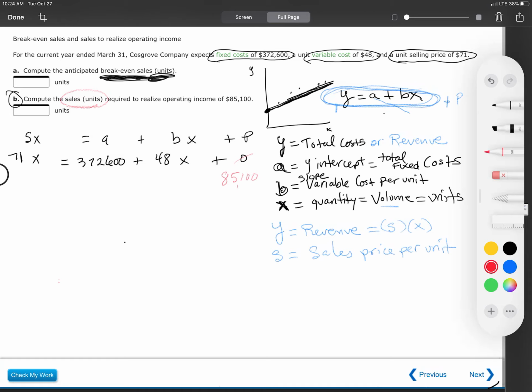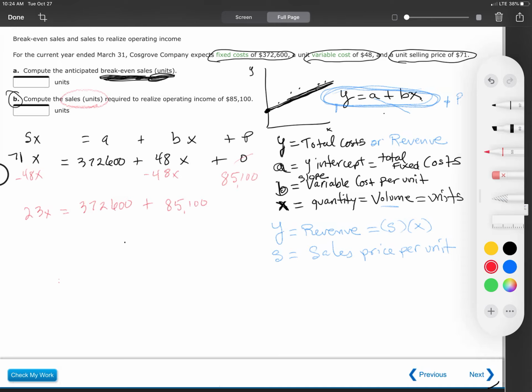So if you subtract 48x from both sides, you get 23x equals 372,600 plus 85,100.